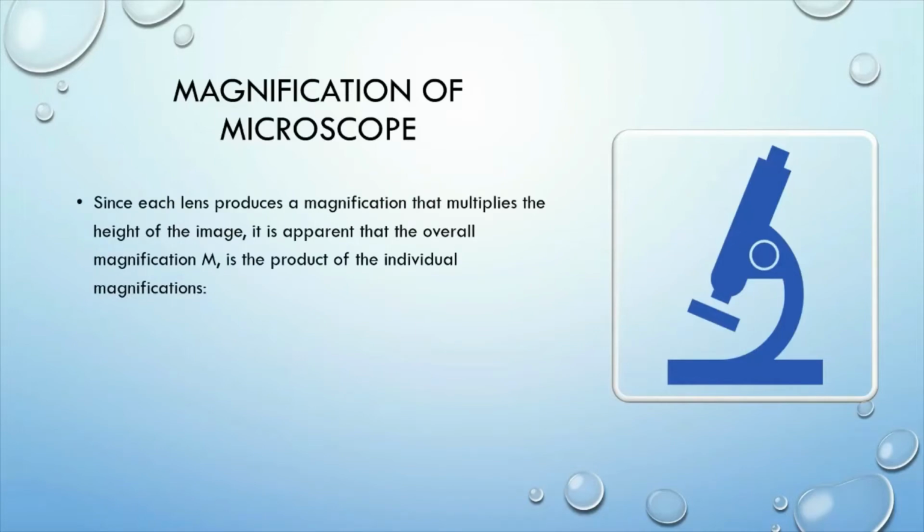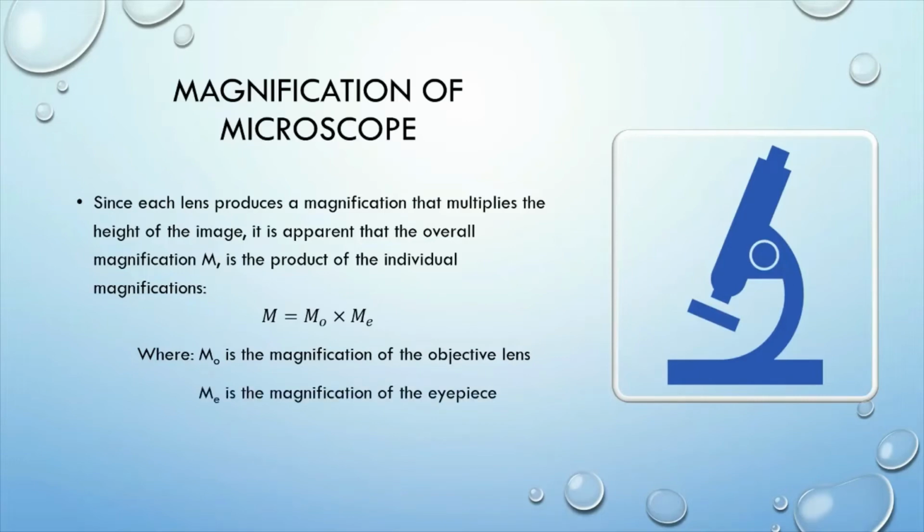Since each lens produces a magnification that multiplies the height of the image, it is apparent that the overall magnification, M, is the product of the individual magnifications. So M equals MO times ME, where MO is the magnification of the objective lens, while ME is the magnification of the eyepiece.